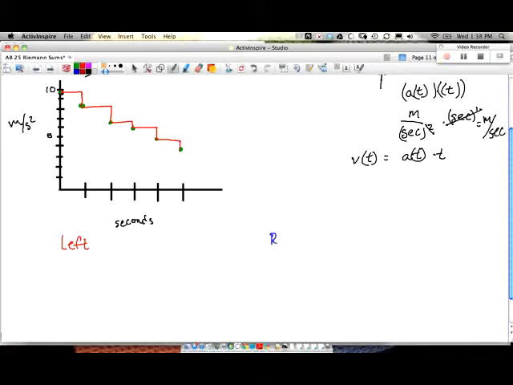And then for the right sum, we're going to be underneath it. Excellent. So really, here's our heights.